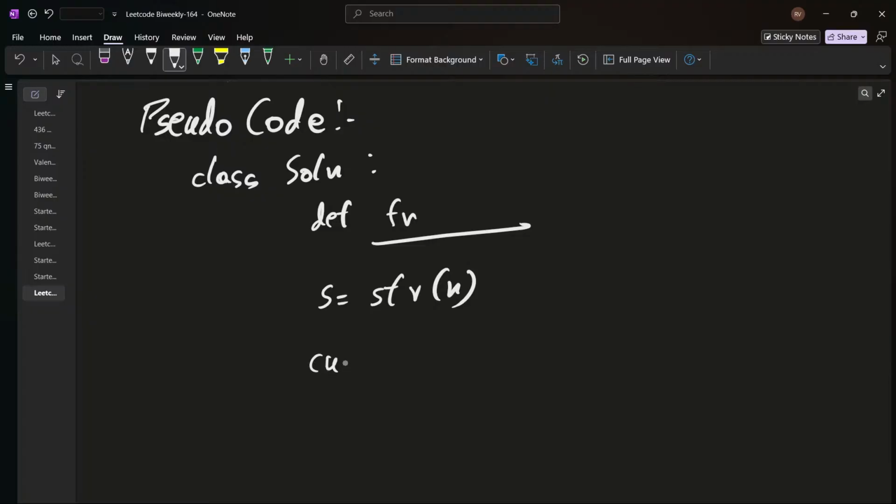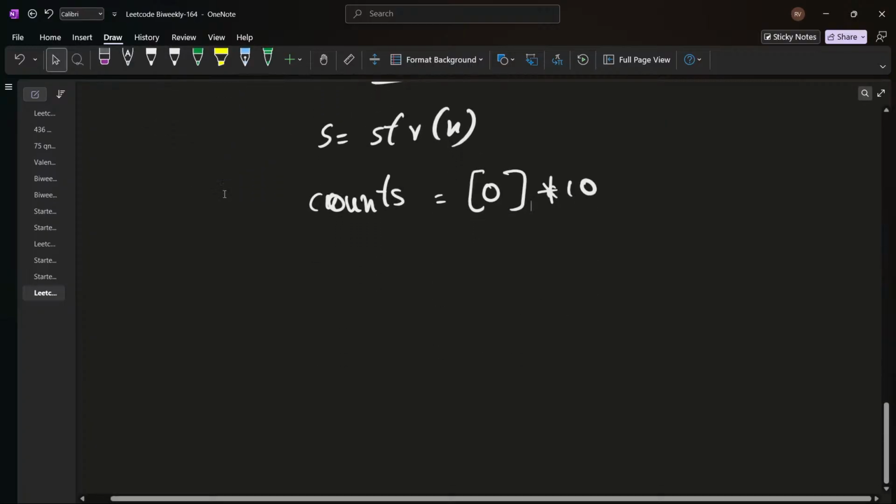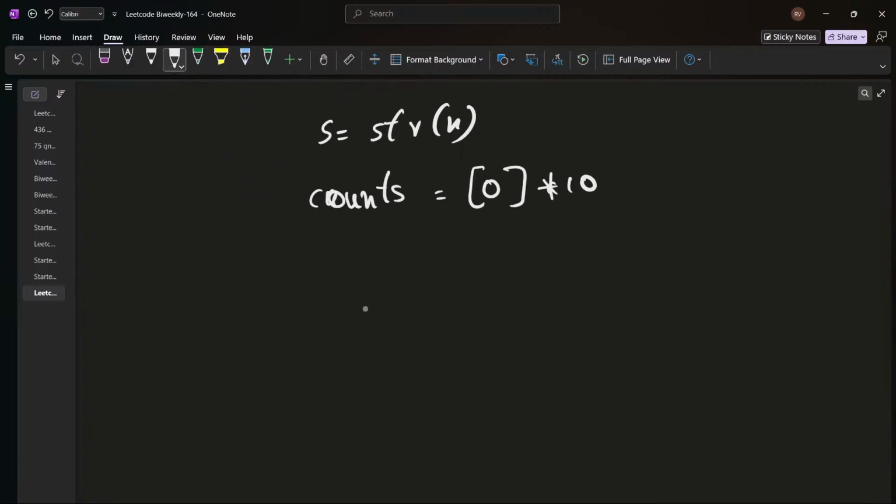Then counts, initialize the count array, and after this our loop: for character in string, increment counts.